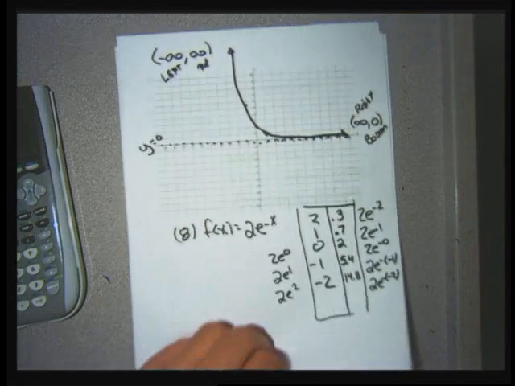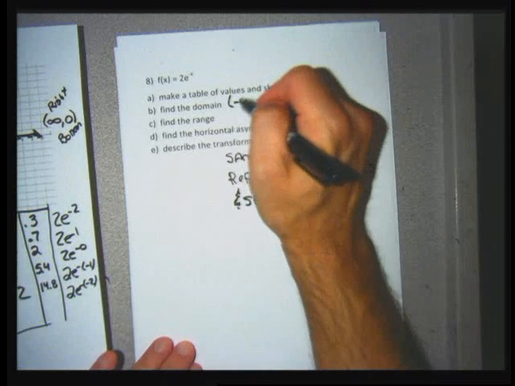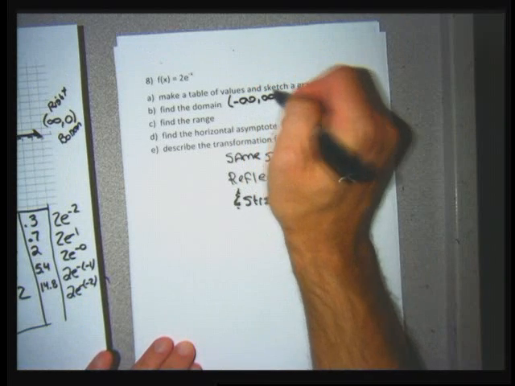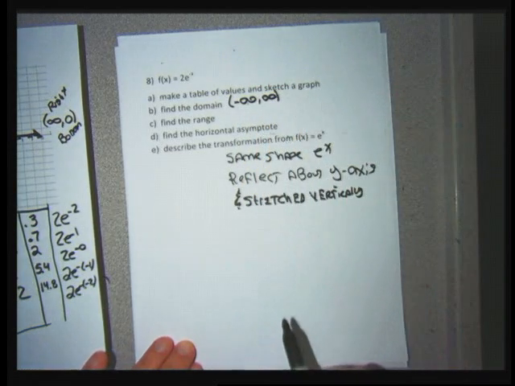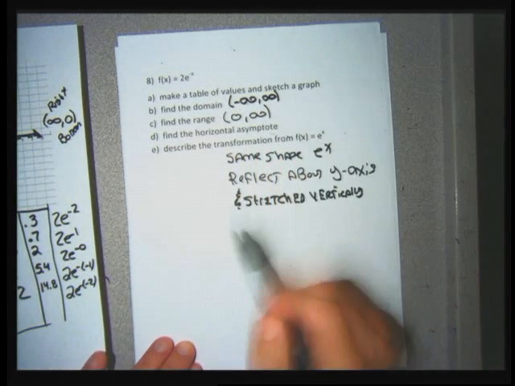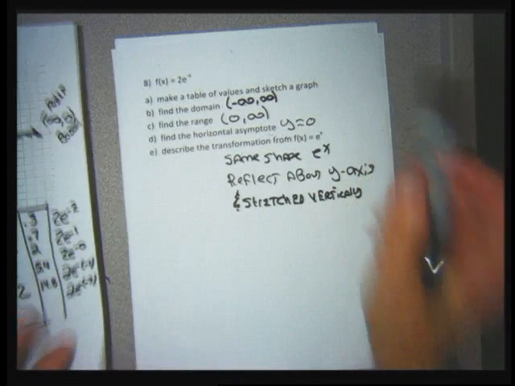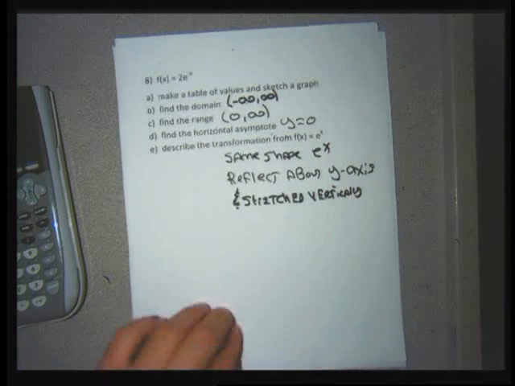So as I go to write up my solutions to this, the domain for all these exponential functions are negative to positive infinity. If a graph isn't shifted up or down, the range is 0 to infinity. The horizontal asymptote, if the graph isn't shifted up or down, is y equal to 0 for all of these. So that's everything there is for number 8.